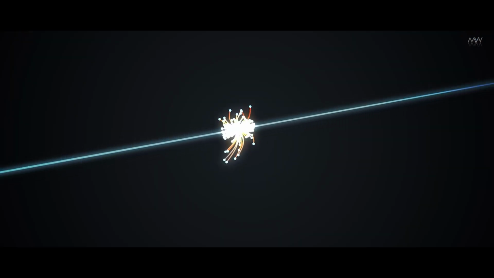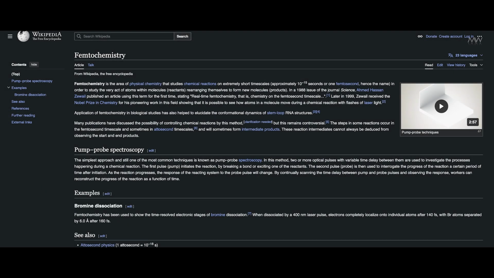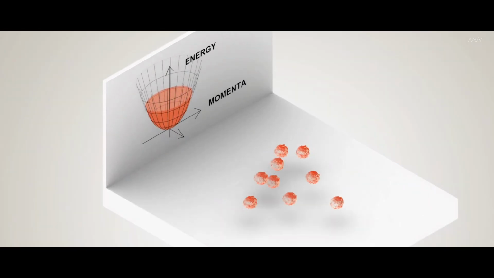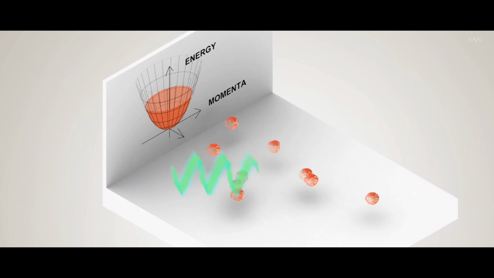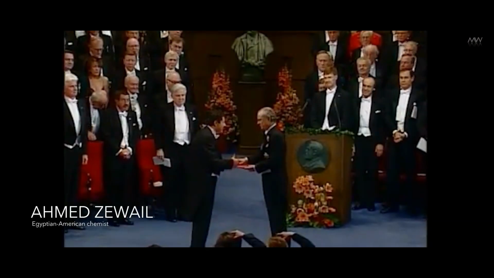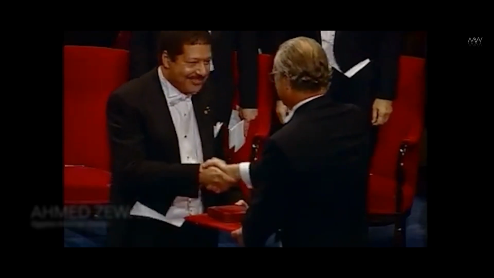There are no chemical reactions faster than 100 femtoseconds. 100 femtoseconds is about the fastest reaction, and because it all lies in the femtosecond range, the study of these chemical reactions has been called femtochemistry, because we're really studying the essence of how a chemical reaction occurs using the femtosecond scale. Ahmed Zewail was once awarded the Nobel Prize in Chemistry for developing femtochemistry methods.